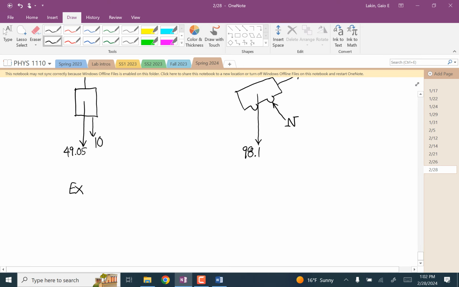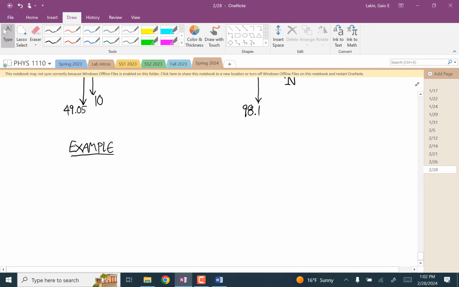Let's do one more example, and I'll give you a few minutes to do it to try to make sense out of this stuff. So let's say we have an incline going this way. And let's say we have 2 blocks, carts in contact.